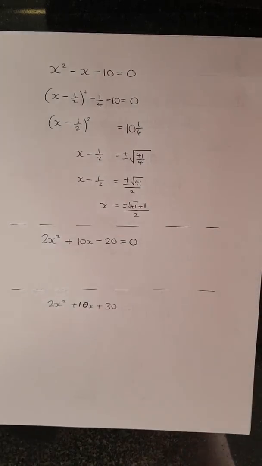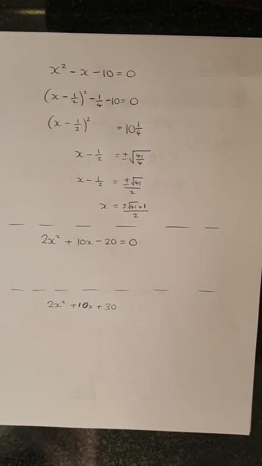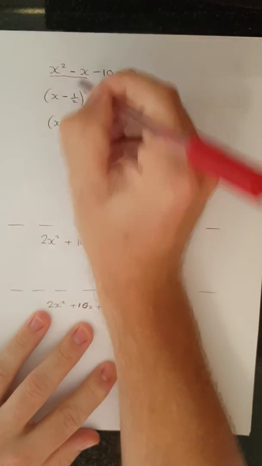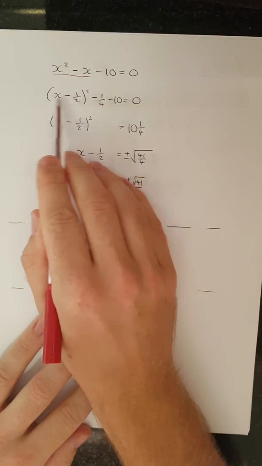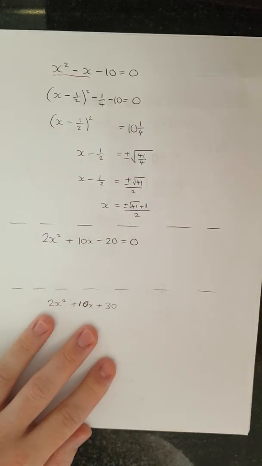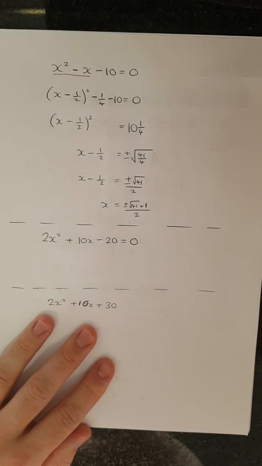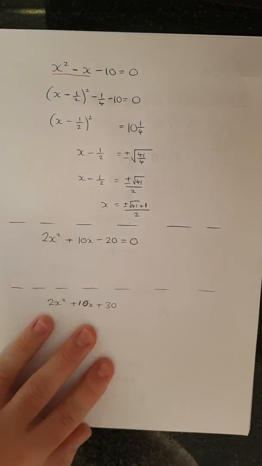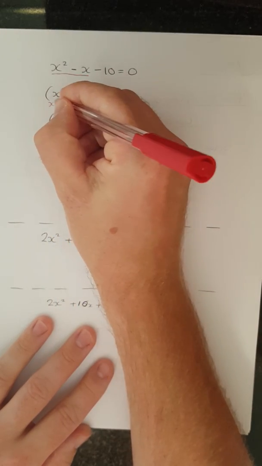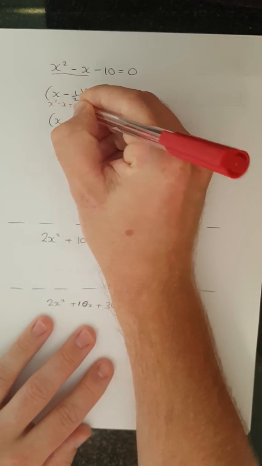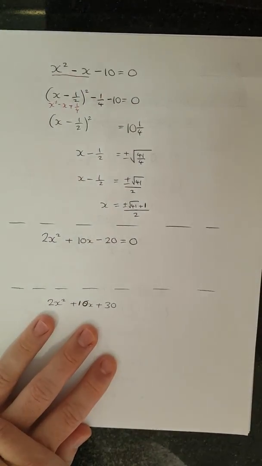So, first off, here's the two key terms. So I got the bracket to show what I needed. Now, minus a half times minus a half, when it comes out of the bracket, gives me plus a quarter.